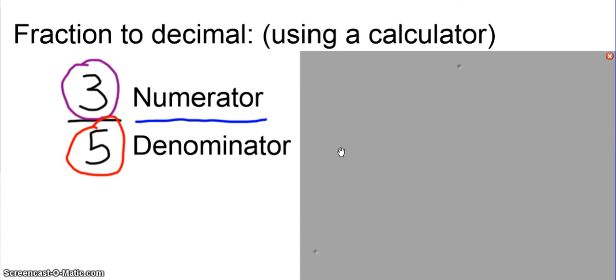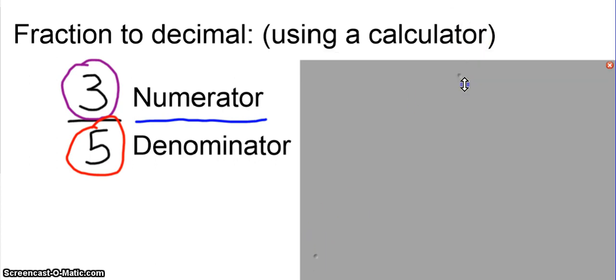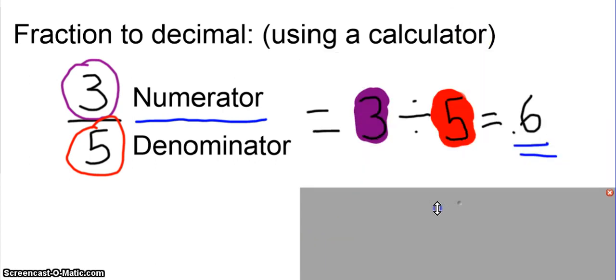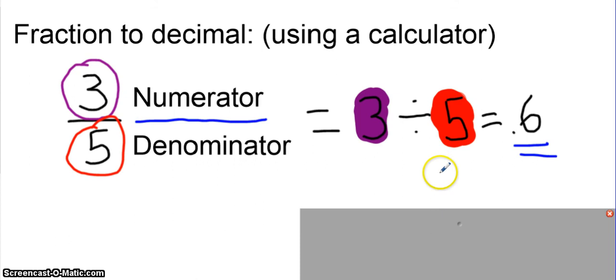The fraction bar means division. So we always go numerator divided by denominator. We'll go 3 divided by 5 equals 0.6, and that is how we convert a fraction to a decimal. In your calculator, you will put in 3, hit the division sign, 5, and that will equal your decimal.